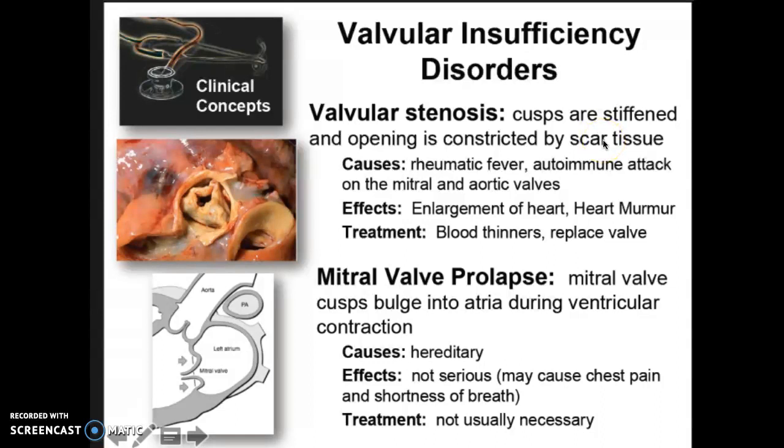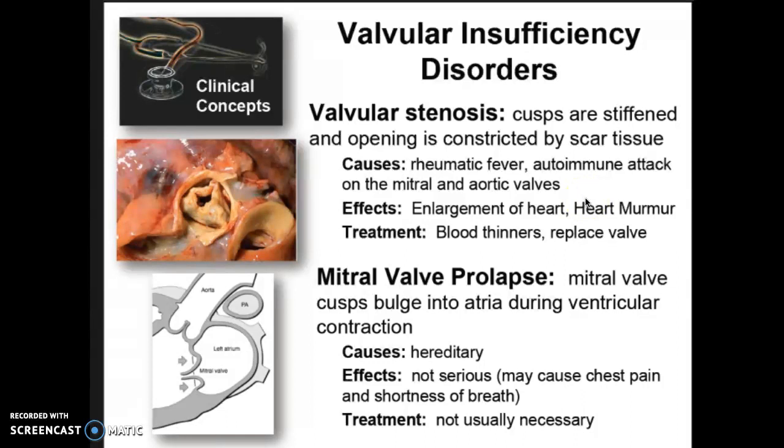This can be caused by rheumatic fever, which is an inflammatory disease that can involve the heart, joints, skin, and brain. This disease typically develops 2 to 4 weeks after a streptococcal throat infection. So after strep throat, if it's not treated, one can develop valvular stenosis. Valvular stenosis can also be caused by an autoimmune attack on the mitral and aortic valves.